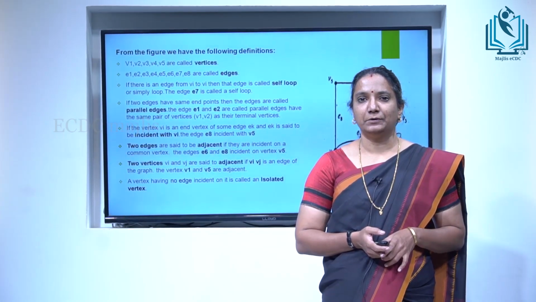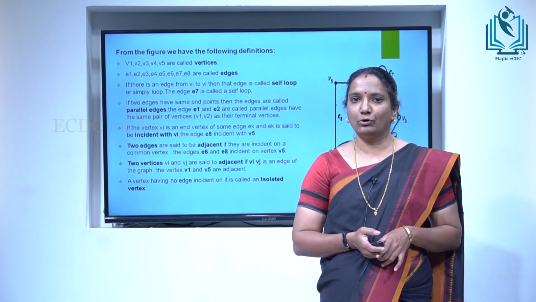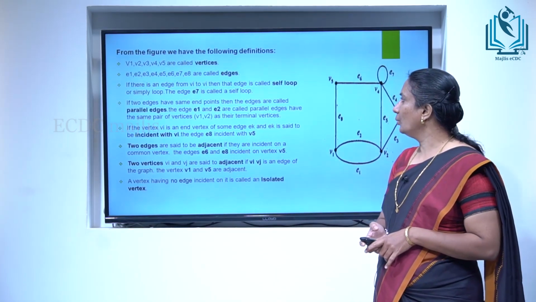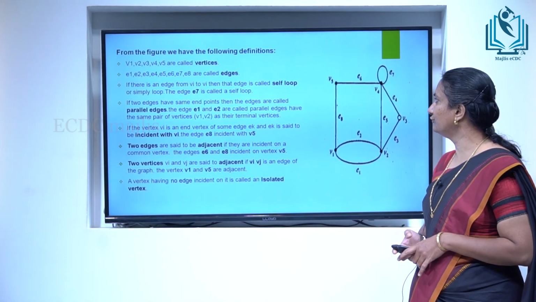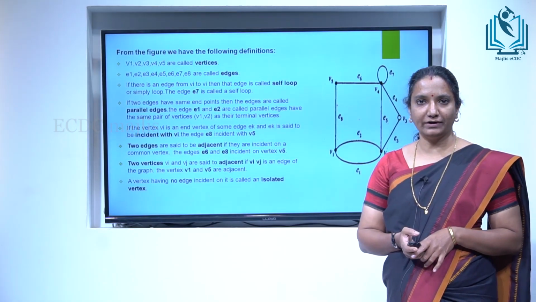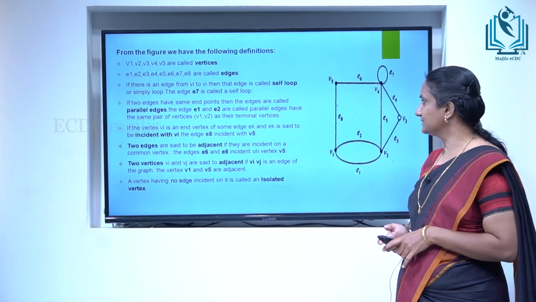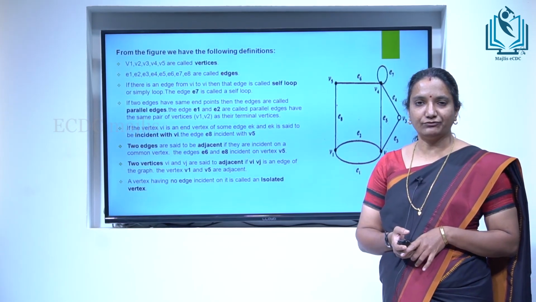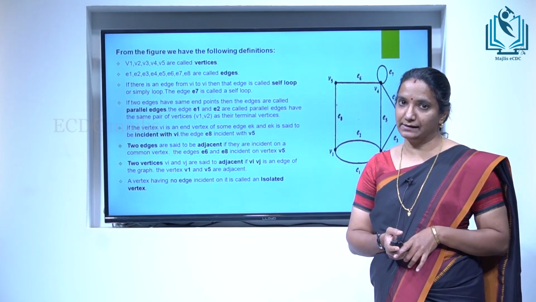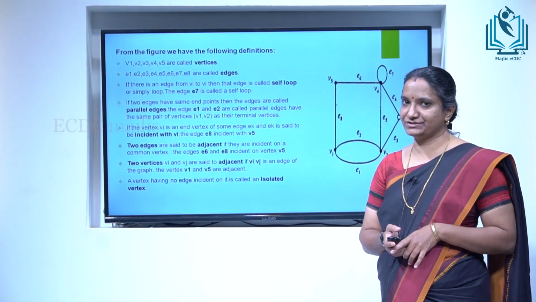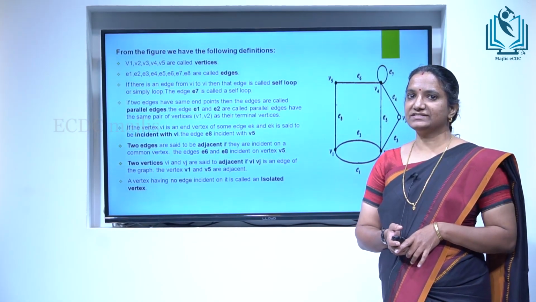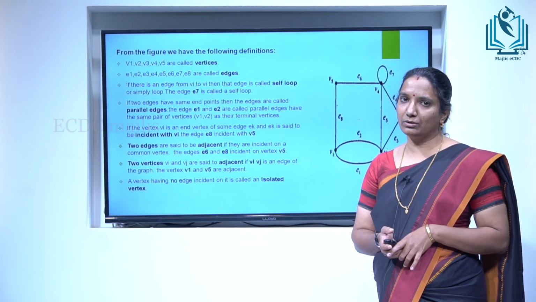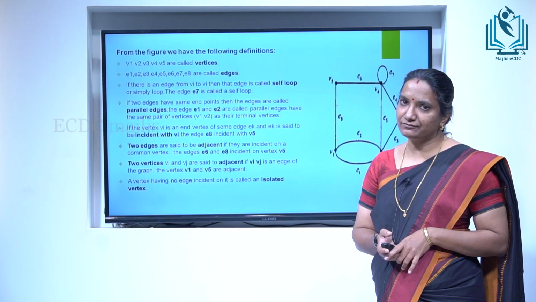Next, from the figure, the following definitions are drawn. First, V1, V2, V3, V4, V5 are called vertices. Next, E1, E2, E3, E4, E5, E6, E7, E8 are called edges. If there is an edge from Vi to Vi, then that is called a loop or self loop.